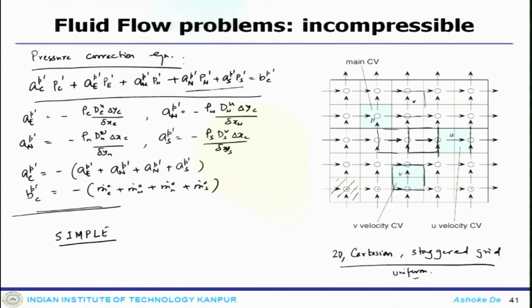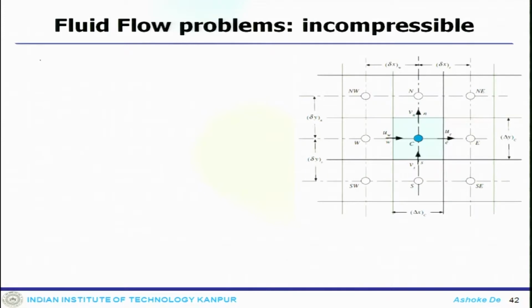In this case also you can start with some guess values. Now, these are u, v and p. So, essentially instead of u and p, now you have the second component of velocity v and p.